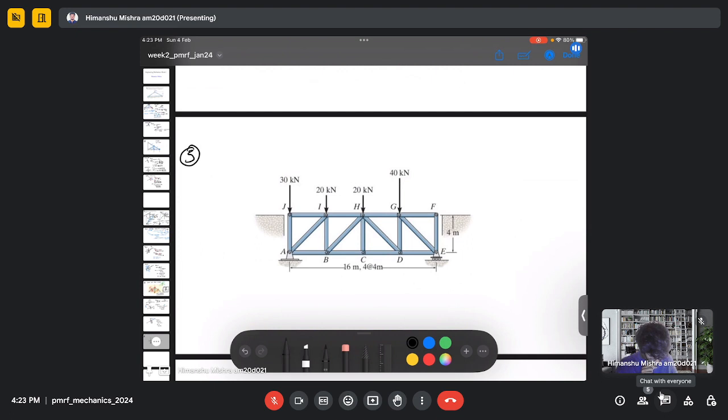So here we need to find the forces in the members HD, CD, and GD, and we will be using the method of section to solve this problem.